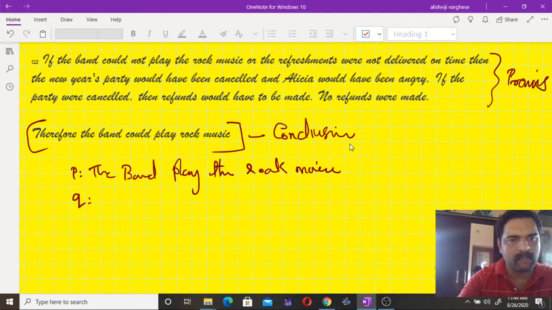So it's better to write our premises in positive sense, and if our statements contain negative terms, that can be written as negation P or negation Q. So we write down the primitive statements as positive statements. So this second statement: the refreshments were delivered on time.